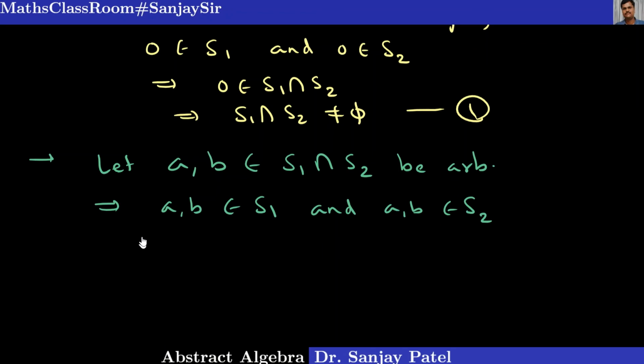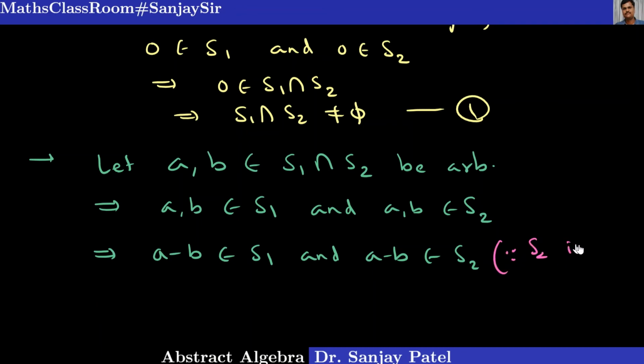But S1 and S2 are subrings, so they are closed with respect to addition and multiplication. So I can say that a minus b belongs to S1 and a minus b belongs to S2, because S2 is a subring, so it satisfies that condition. This implies that a minus b is a common element of S1 and S2, meaning it is in the intersection.